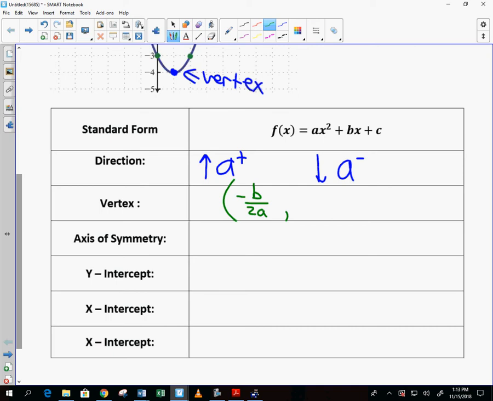If you want to get the y value, do this: f of negative b divided by 2a. What does that mean? It means you take the x value and plug it back in. Now I'll tell you the y value.